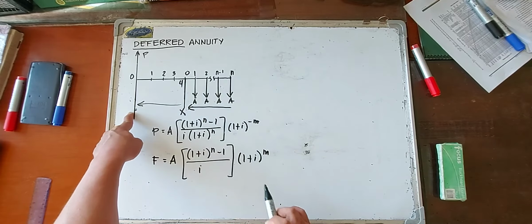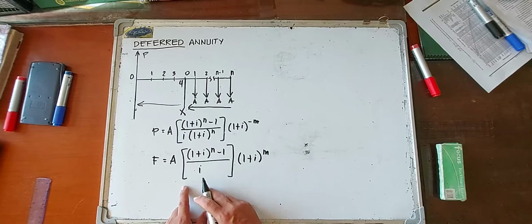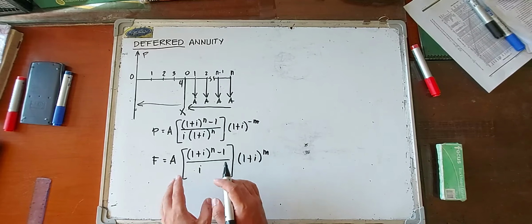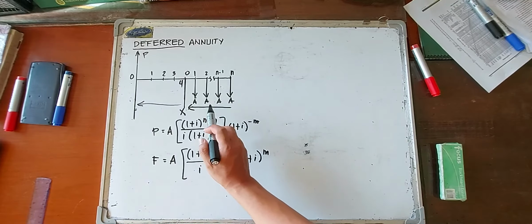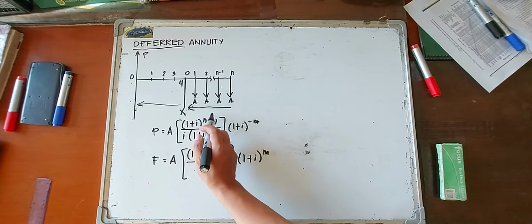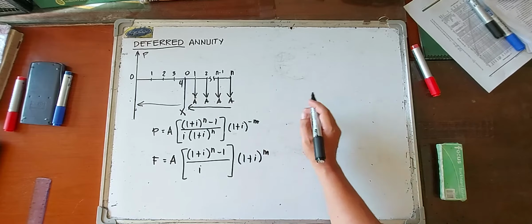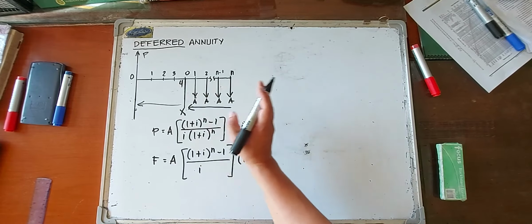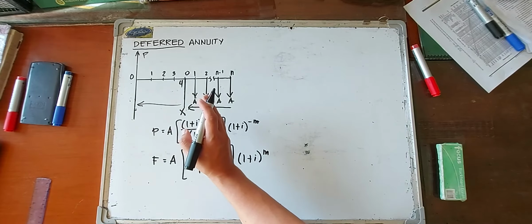Okay? A different scenario would be kapag you want to solve for the future. The same, we're going to use the same concept pa rin. That means we're going to solve for the future worth of each periodic payment. So, transfer mo yan sa future. Solve mo yung future value or future worth of each periodic payment.